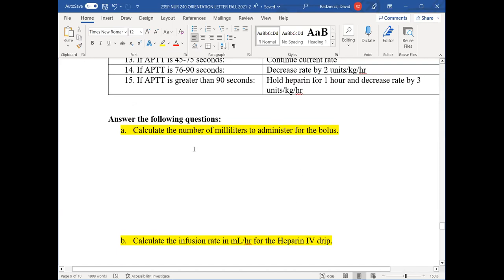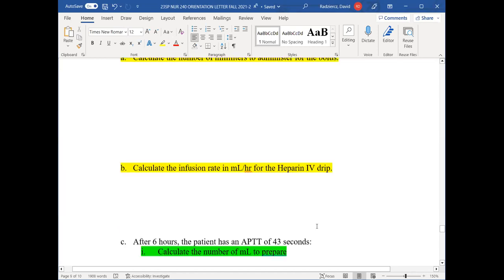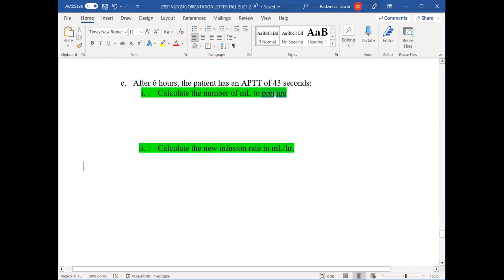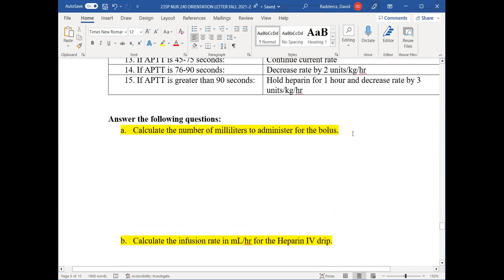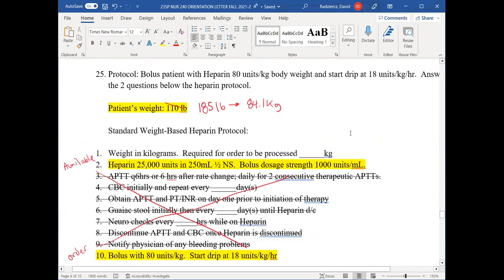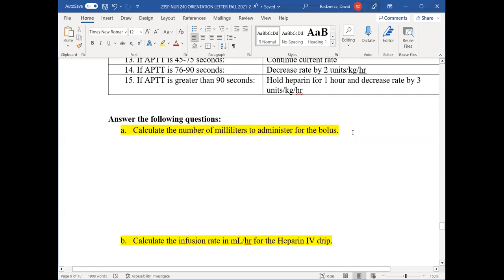So it's either going to be the initial bolus and initial flow rate, or after reassessing the patient and checking their APTT, the new bolus, if applicable, and the new flow rate.